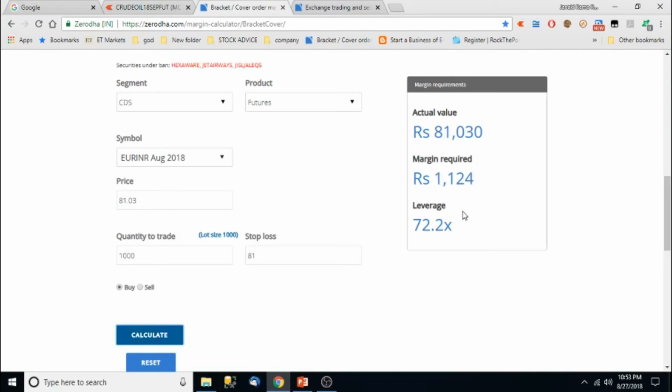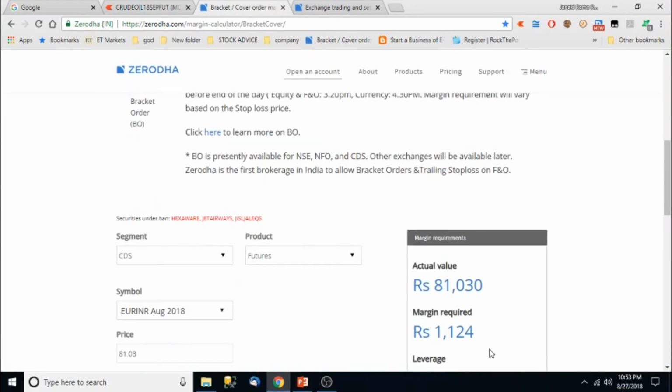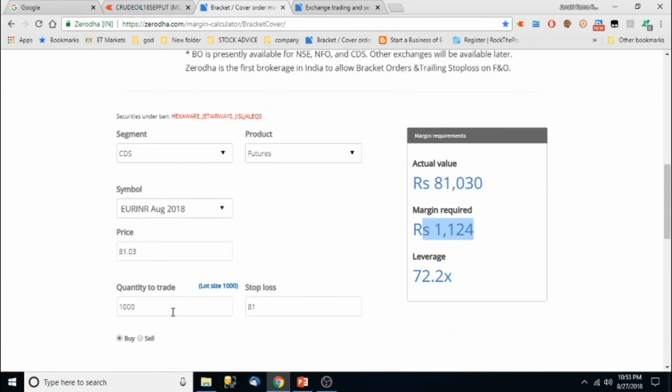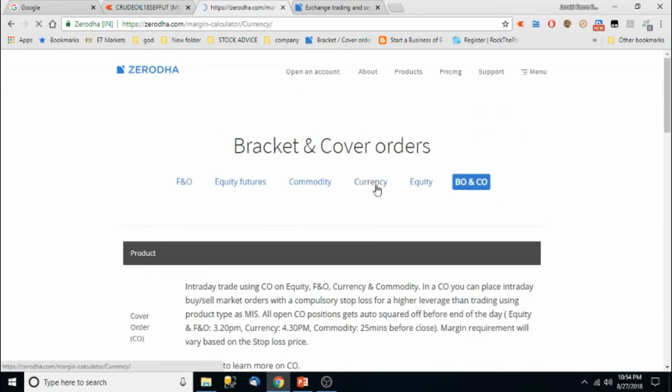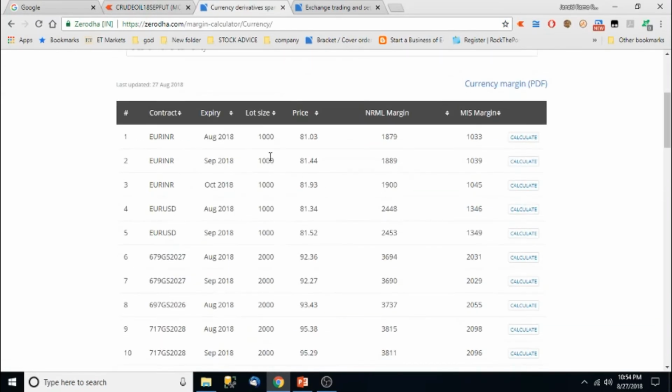See, we actually require 1124 for buying 1000 euros, whereas in this currency, Euro INR, 1033 is the MIS.